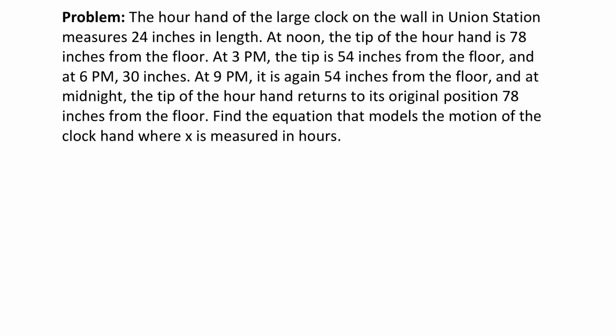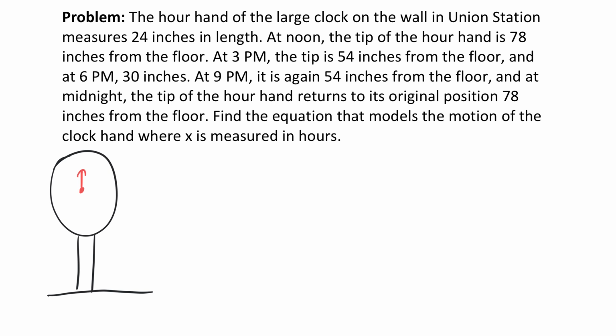So we've got ourselves some kind of clock here, and the clock is above the ground. And we're looking at the little hour hand, which starts here, and then it goes around the clock like this, moving around and around.